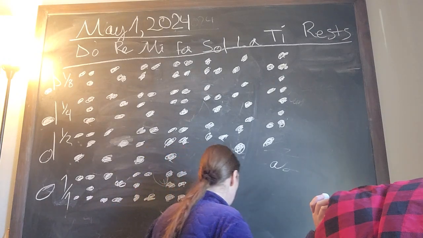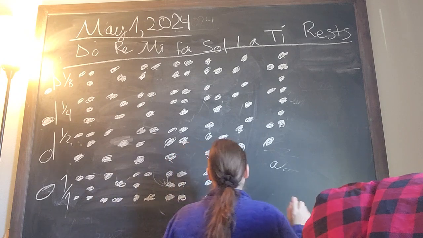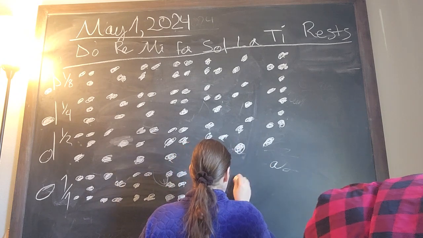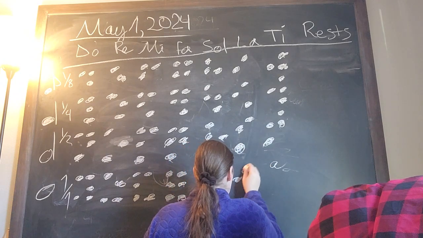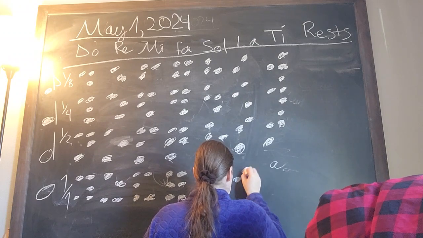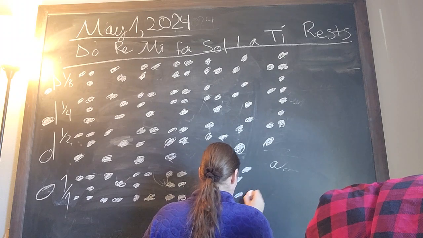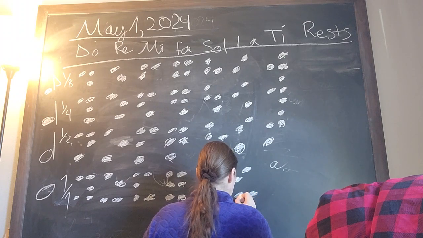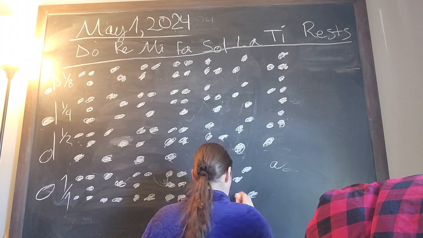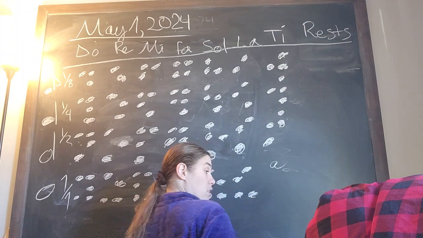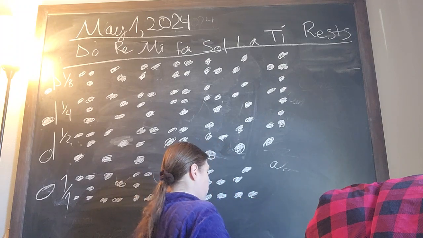Whole note. Then we have la. 2, 4 is the pitch and the rhythm. 3, 6. And that is your la whole note.